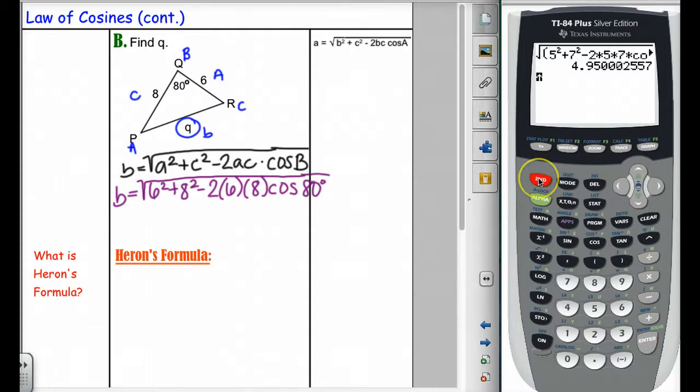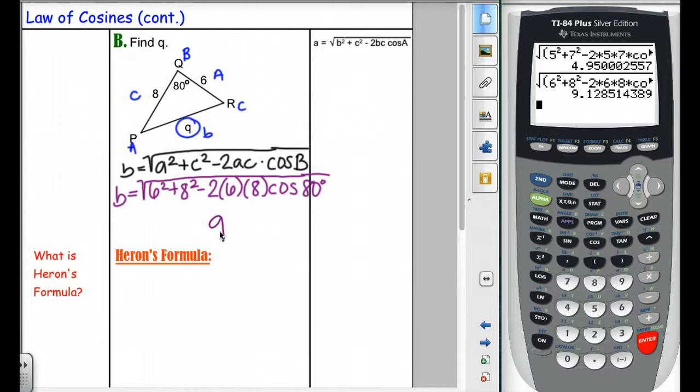We have the square root, put a parenthesis, of 6 squared plus 8 squared minus 2 times 6 times 8 times the cosine of 80 degrees, and I say degrees so I remember, close it off, hit enter, and when we round B, or in our case Q, we get 9.1 units.